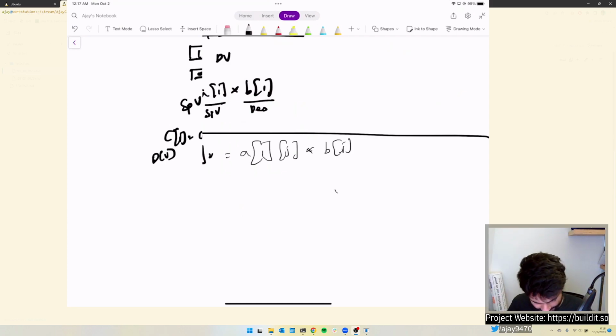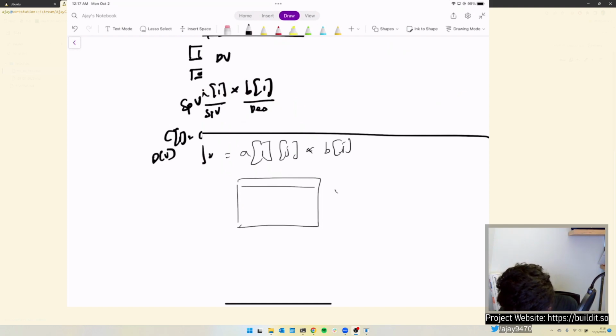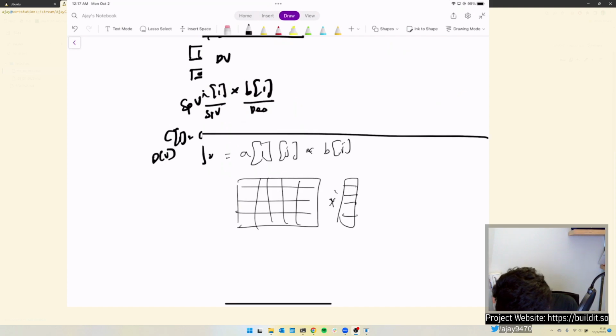Here A is a two-dimensional matrix and B is a single rank vector, and we are multiplying them. So we have a matrix, we have a vector, and we get a vector. Did I do this right?